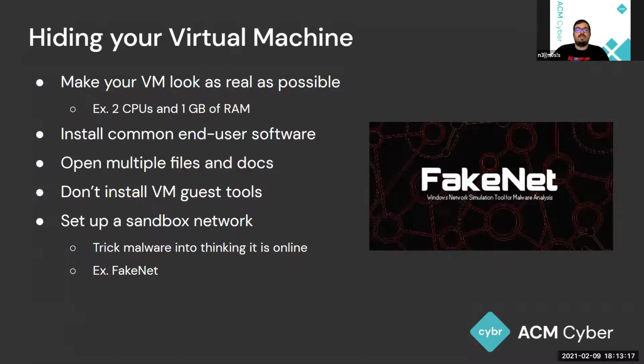The example we'll use today has 2 CPUs and 8 gigs of RAM allocated to it. You can also install common end user software, like Microsoft Office, maybe Outlook. Pretty much the Office suite is one of the best examples.